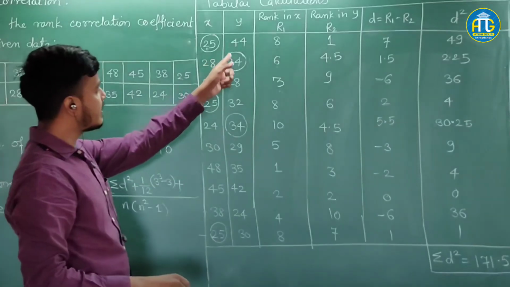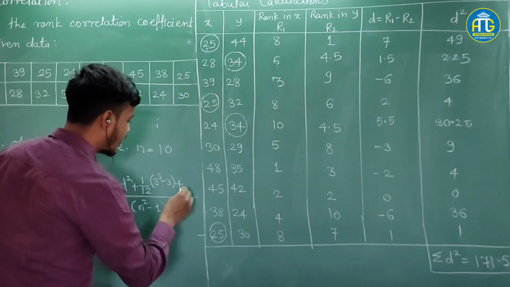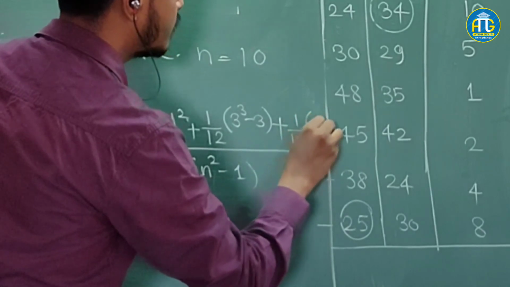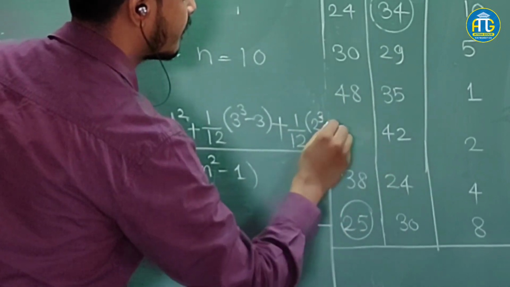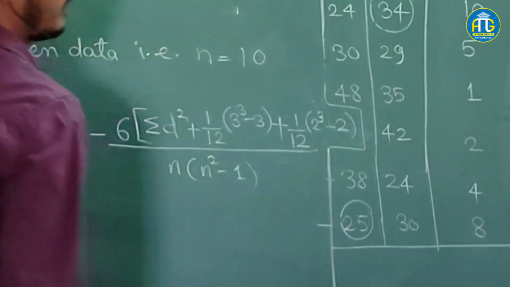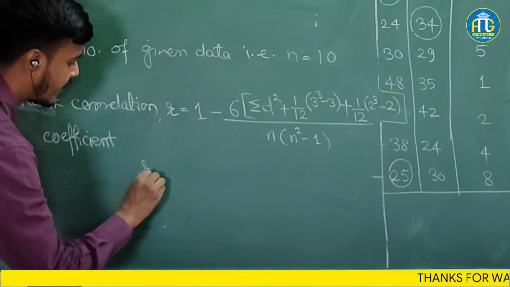Plus in y, this 34 is repeated 2 times, so again I have to add the factor 1 by 12 into 2 cubed minus 2. Okay. So now you have all these values, substitute and find out the answer.